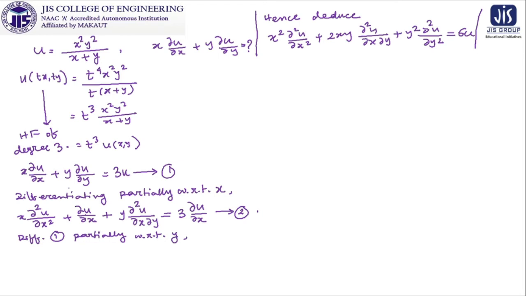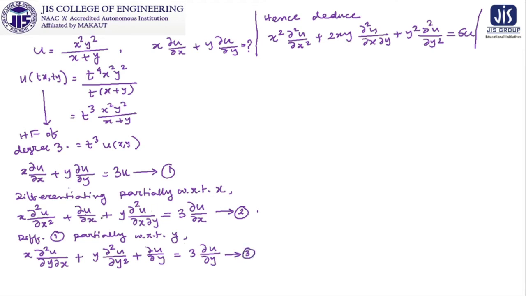The same thing will be here: x will be kept as it was, and del u del x will be differentiated partially with respect to y, so it will be del 2u del y del x, plus del u del x will be kept as it was, x differentiated partially with respect to y will be 0, so there will be no contribution. Then y del 2u del y2 plus del u del y is equal to 3 del u del y, and this is equation number 3.